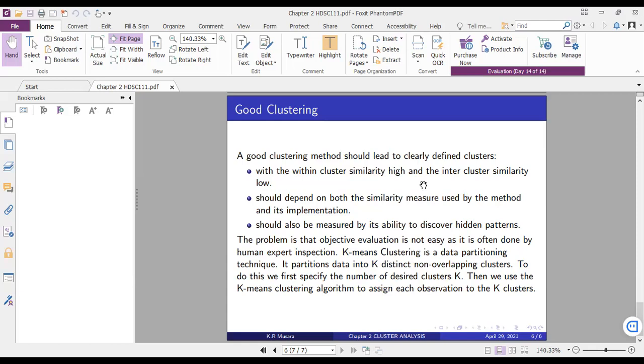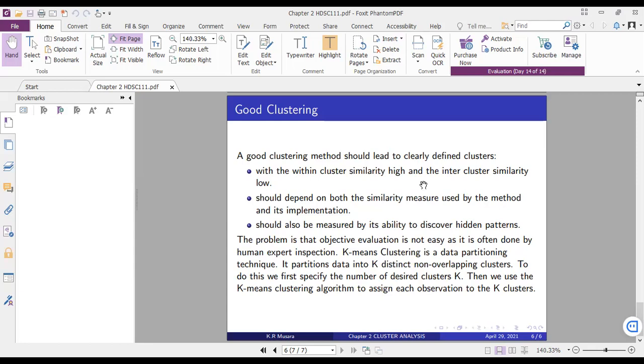A good clustering method should lead to clearly defined clusters: within-cluster similarity should be high and intercluster similarity should be low. That's another point. It should depend on both the similarity measure used by the method and its implementation. It should also be measured by its ability to discover hidden patterns.